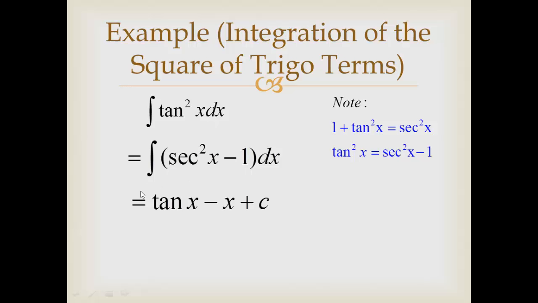Now, we distribute the integration over the negative sign. So we integrate secant square x dx, we'll get tangent x. Subtracting integration of 1, we'll get x plus c. So congratulations, we have now completed the examples on the integration of the square of trigo terms.